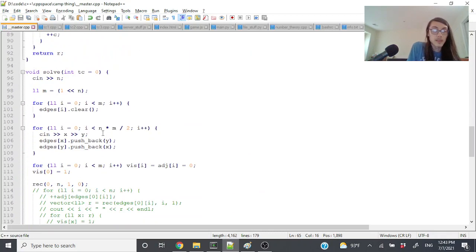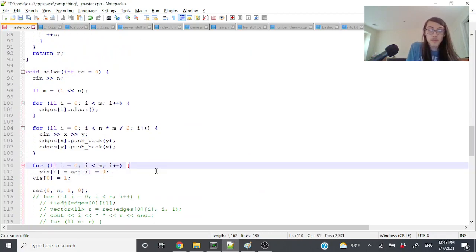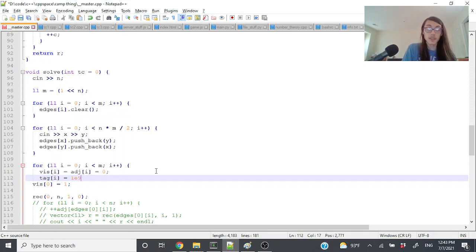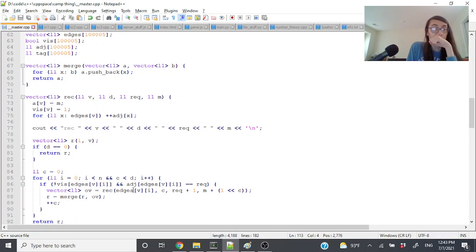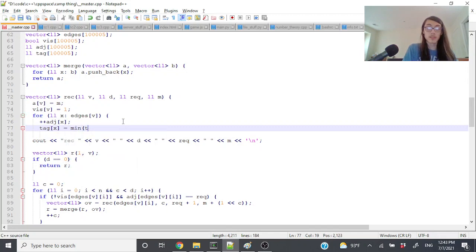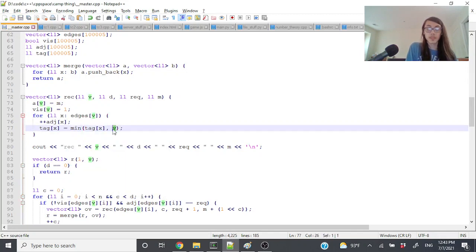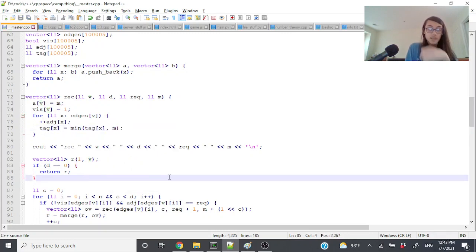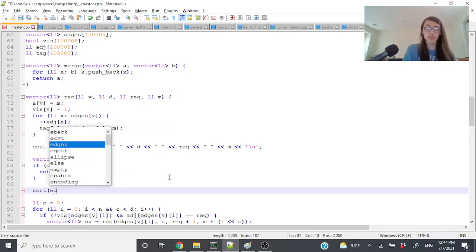So tag is like the smallest vertex. Tag I is equal to only 9. Right, okay, so tag x equal to min tag x v. No, it should be m. Okay, now sort edges v.